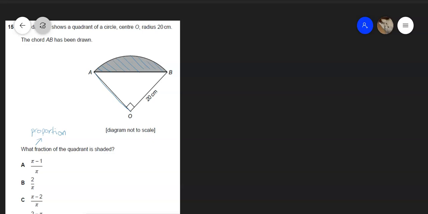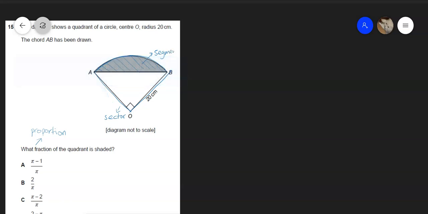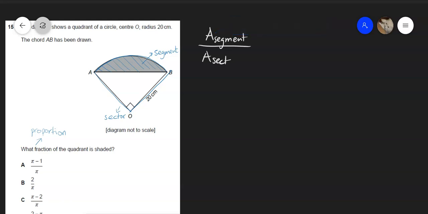So this whole thing, AOB, is called a sector. The shaded region is called a segment. So we need to find the ratio of the segment to the area of the sector AOB.